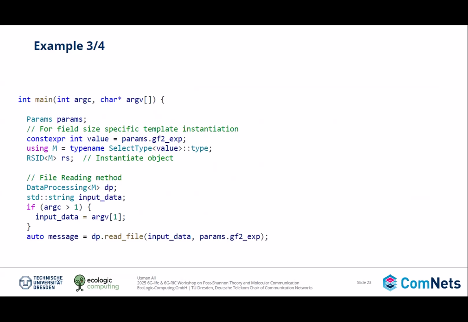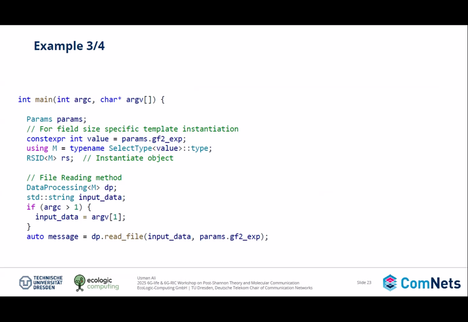The main program would just simply look like this. You have some data type, this template type that I mentioned for C++, that you select. You generate the object, and then simply pass it on to the function you're working with. For files, we also made it dynamic so that depending on the field size, you read the files into the right data type.